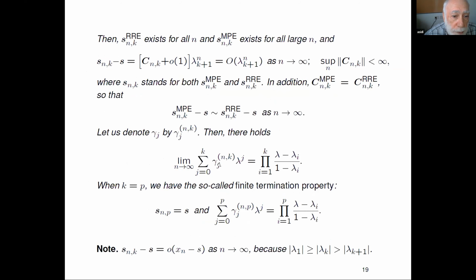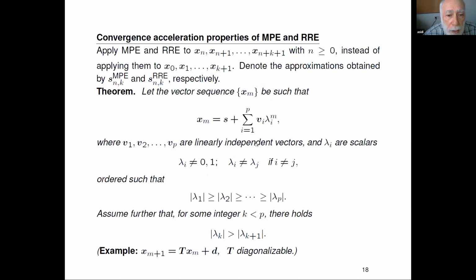Let me talk just a little bit about the convergence properties, just one result. Suppose you have a linear system, so f of x is a linear function. If you do the iterations, then you end up with vectors whose structures are this.